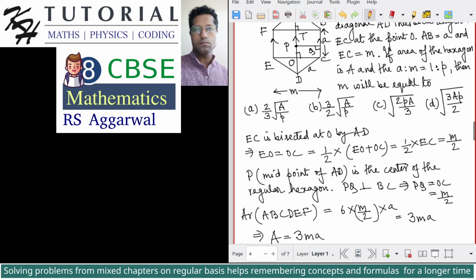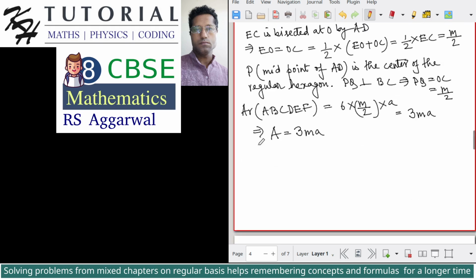The ratio of A to m is given as 1 to p. So it is given that A is to m equal to 1 is to p.